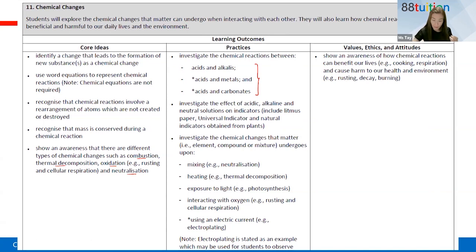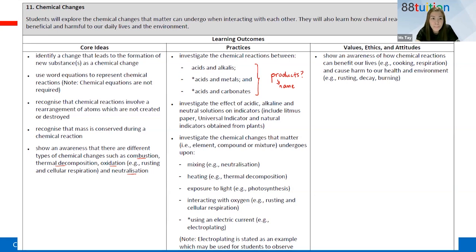So you will be wondering, how do you get the products? Especially the name. For example, I put in hydrochloric acid with sodium carbonate. What do you think you're going to get as the product? Haresh, you know this?